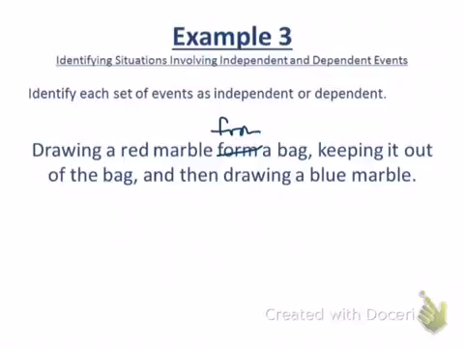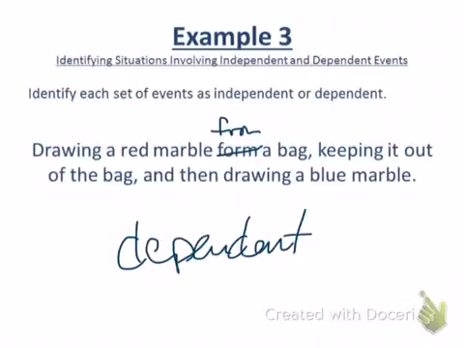Because say you have 9 marbles in the bag, the first probability would be something out of 9, and then the next probability would be something out of 8. That's exactly right. So the number of possible outcomes has been affected, and therefore it's going to change the dependence of the event. So these are dependent events. Is everybody clear on that? Dependent events.